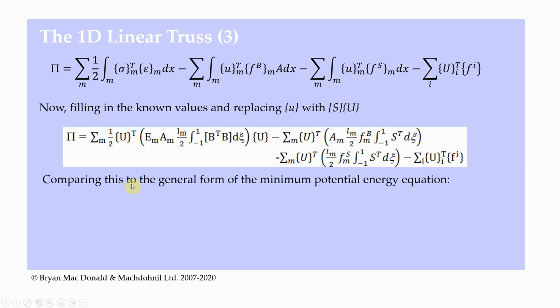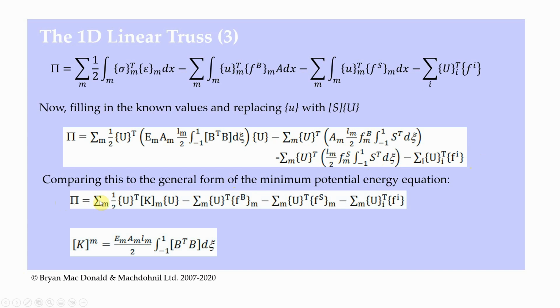So comparing this to the general form of the minimum potential energy equation, which basically says that by applying this to a specific element, we generally get something of this form here, where we have U times K times U. So if you look up here, we've got U, we've got this bit in the bracket here, times U. So obviously the K is going to be equal to this bit here, which is E A L divided by 2, the integration between minus 1 and 1, B transpose times B d eta.